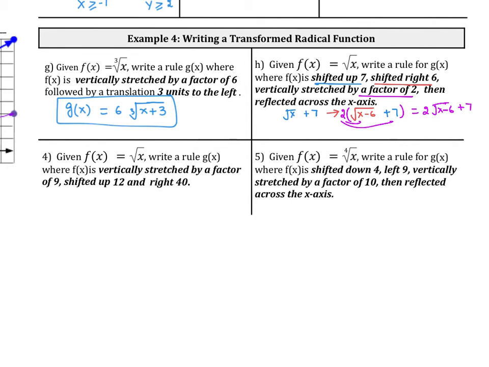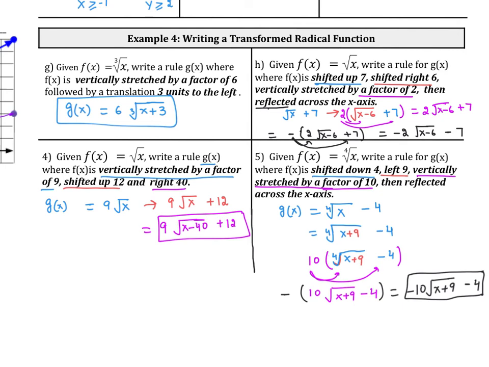And at the end, you're going to have reflection over the x-axis, so the whole function that you got, you multiply it by a negative. So the final answer is going to be negative 2 times square root of x minus 6, minus 7. So distribute the negative to the terms. Next, you're going to try number 4 and number 5.